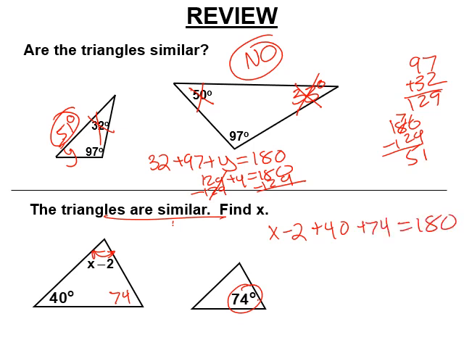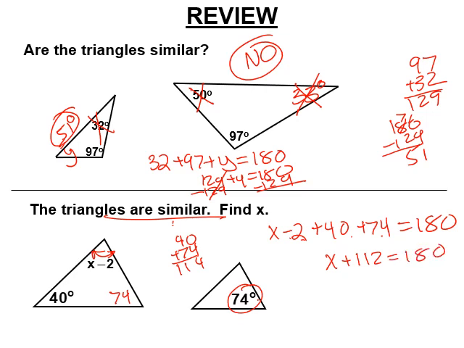For those who are wondering why I was always writing these as equations, even when you probably could do them in your head originally, this is why, because they get more complicated, and you're going to do more complicated ones in high school. So 40 plus 74 is 114. But now x minus 2, that is 112. So this is x plus 112 equals 180.